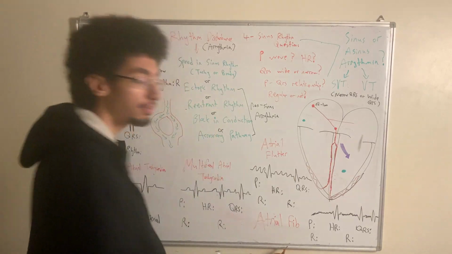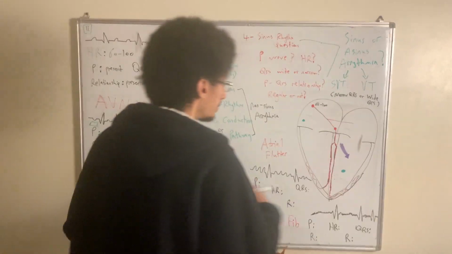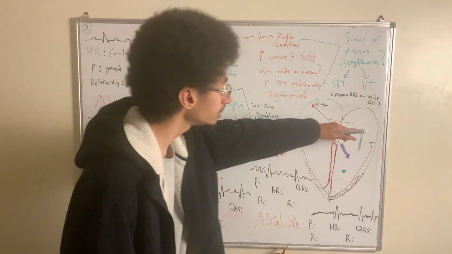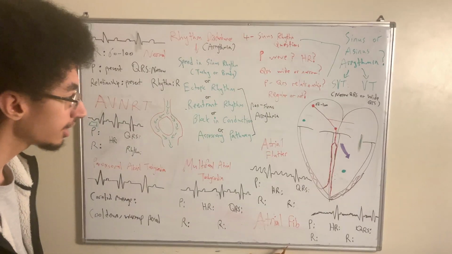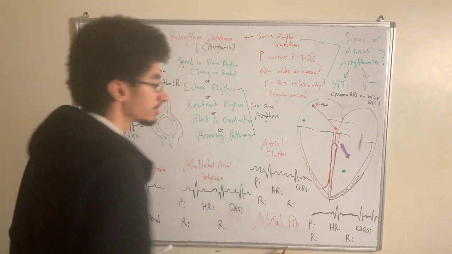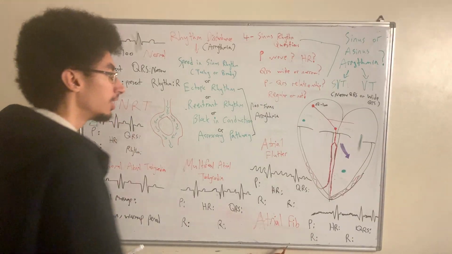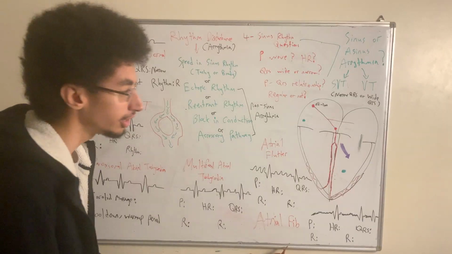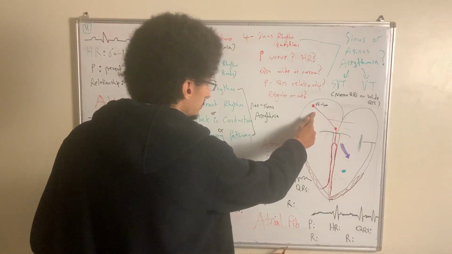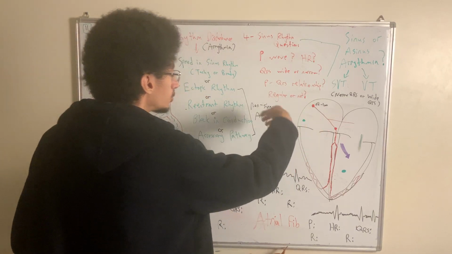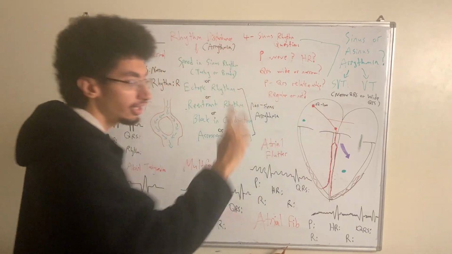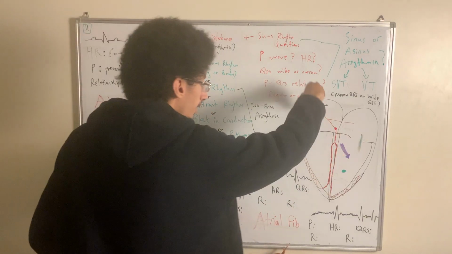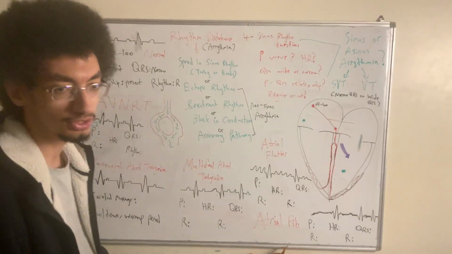For example, we'll talk about it in detail in future videos, but if you have an accessory pathway between the right atrium and the left ventricle, such as in Wolff-Parkinson-White syndrome, otherwise known as the bundle of Kent, this allows the action potential arising from the SA node to basically evade the AV node. It can go immediately towards this conducting pathway and down towards the ventricles.